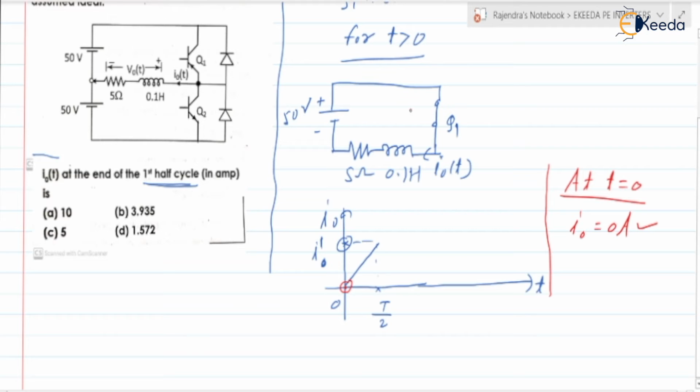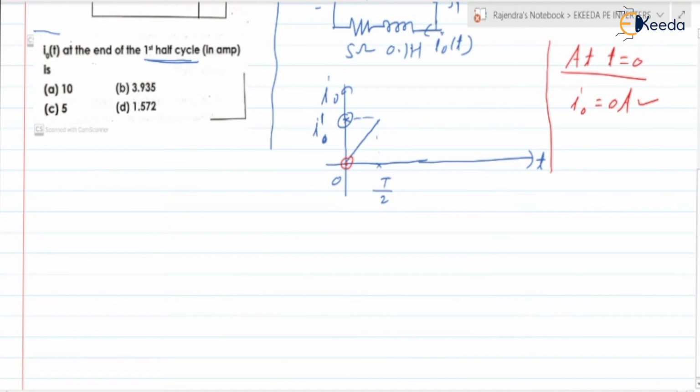Next, for t greater than 0, can we apply KVL to the loop? Yes, we can apply KVL to the loop. We can write it as plus 50 minus L into di by dt, that is di0 of t by dt, minus R into I, that is 5 into I0 of t, is equal to 0.